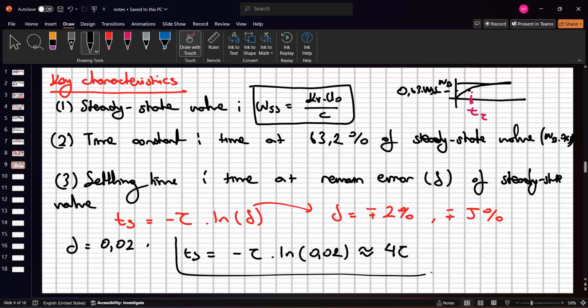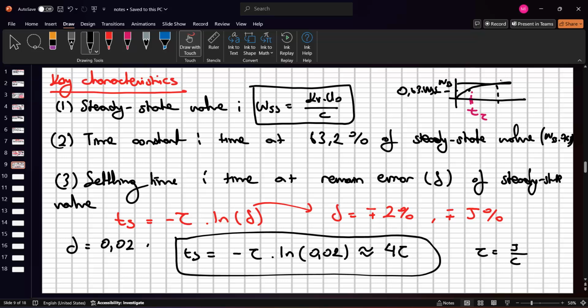Okay, and so the settling time is a direct representation of 4 times tau, and so tau is equal to J divided by C, and so we can easily find our tau value based on the settling time.